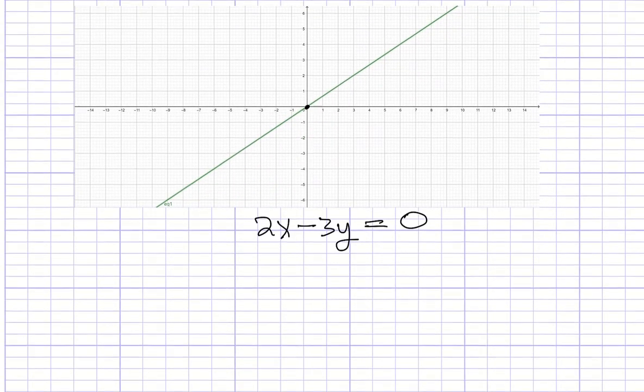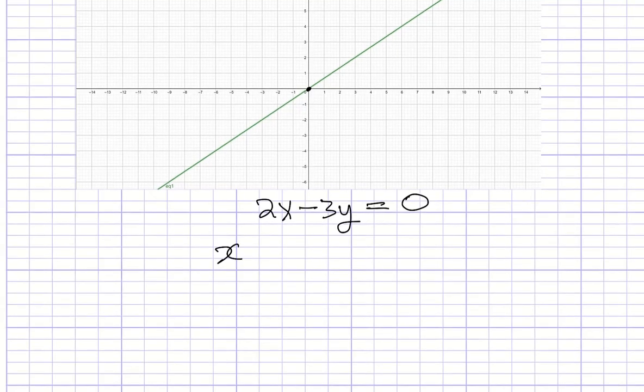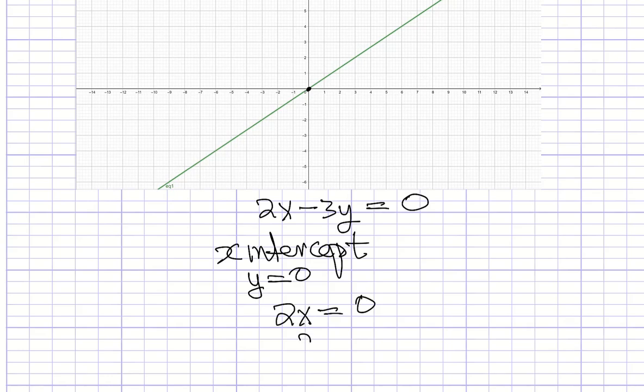Well, let's go through the process. What is the x-intercept? You set y equals 0, and then you solve: 2x equals 0, x equals 0. See that? Because here is 0, 0. You do the same thing for the y-intercept, and you're going to get the same thing.